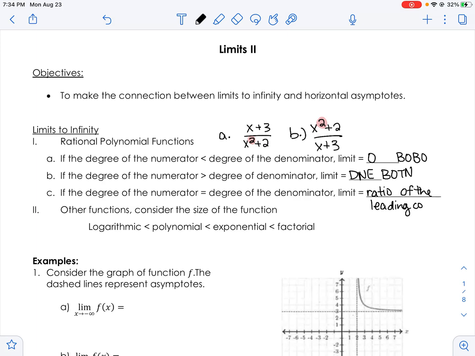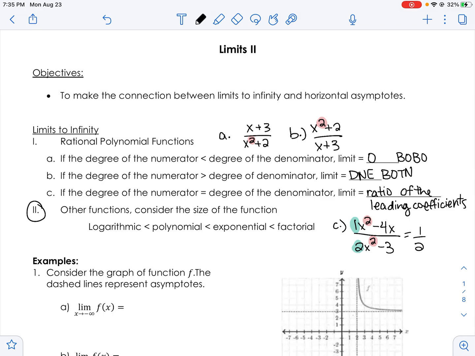An example would be 1x squared minus 4x over 2x squared minus 3. Notice both my degree in the numerator and denominator are 2. So I'm going to take a ratio of their leading coefficients, which is 1 and 2. So it would be 1/2.